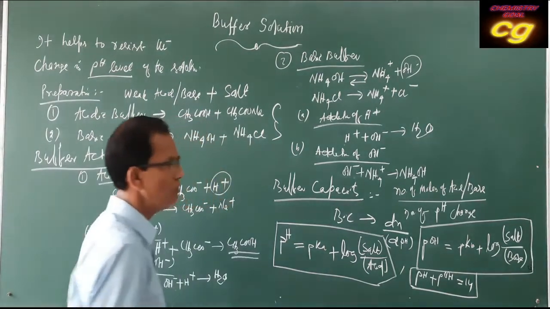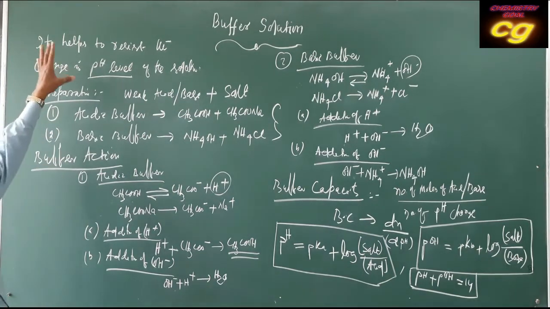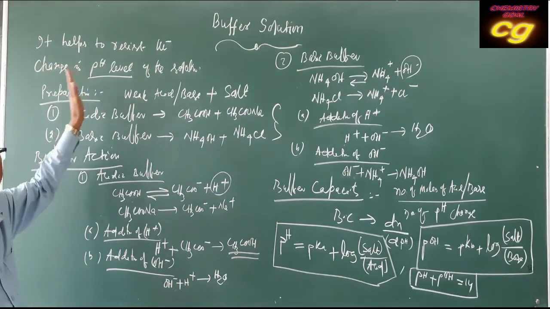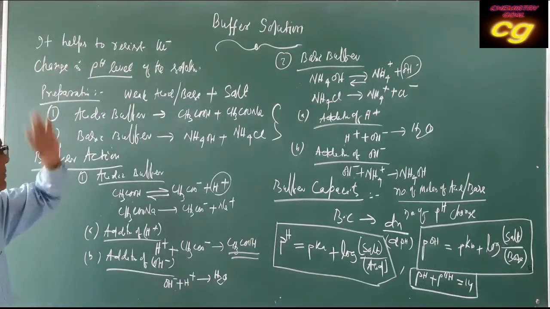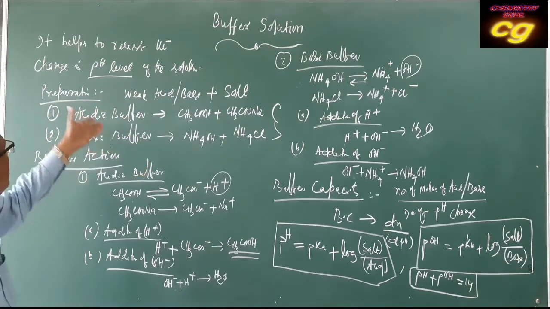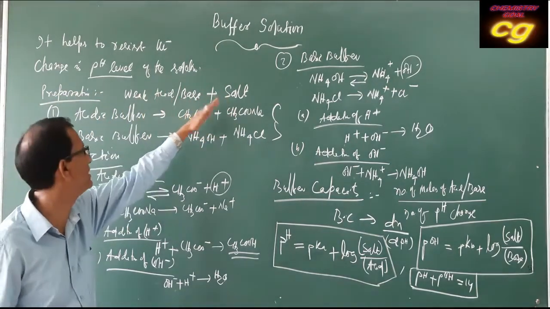So now we will discuss some numericals related to buffer solution. First, what is a buffer solution? A buffer solution is a solution which maintains a constant pH level even on addition of acid and base. How is a buffer prepared? Buffer is prepared by addition of weak acid and salt, or weak base and salt.